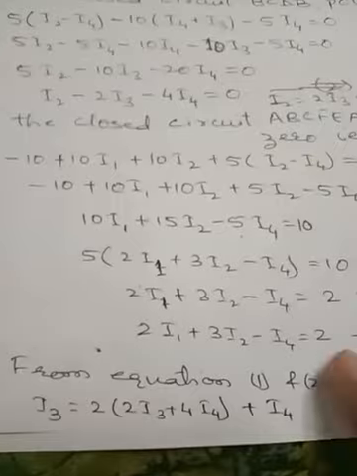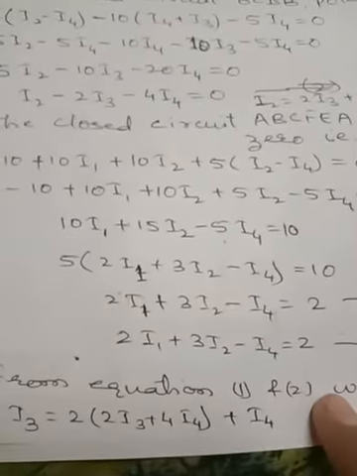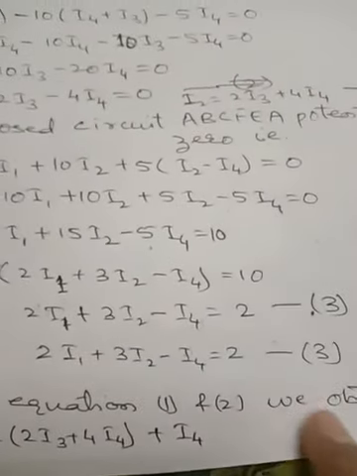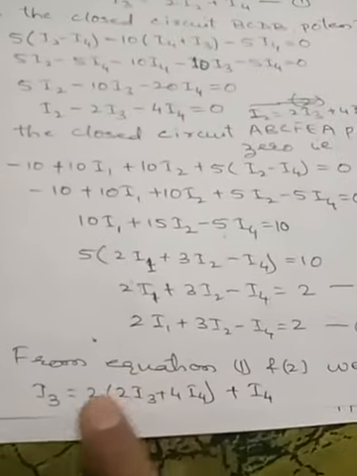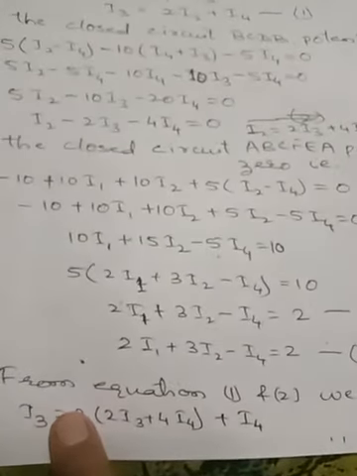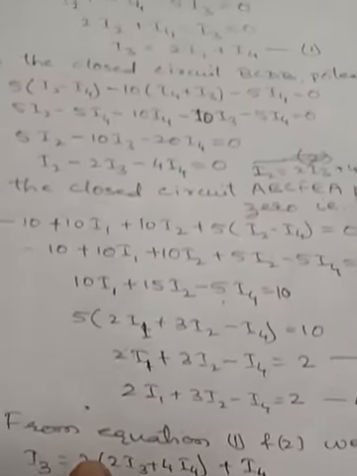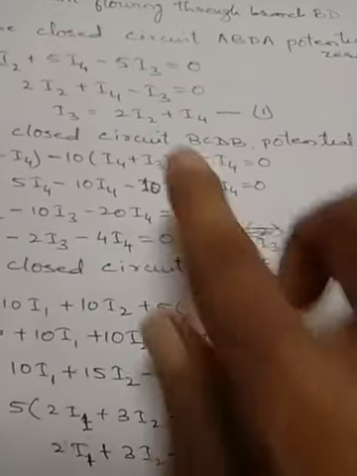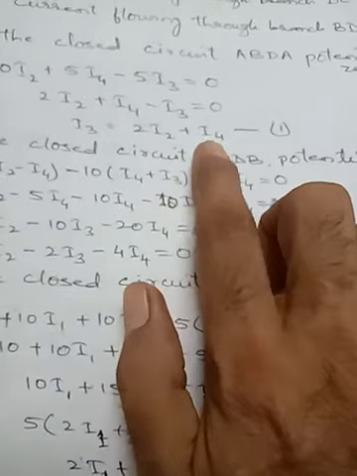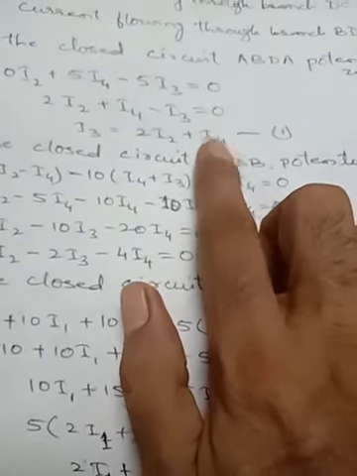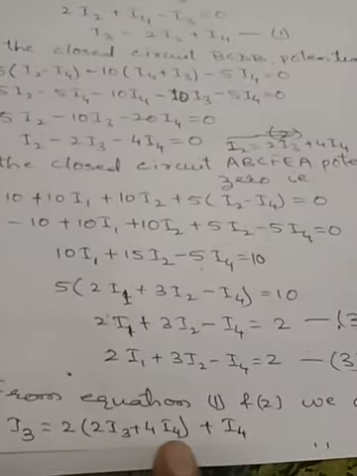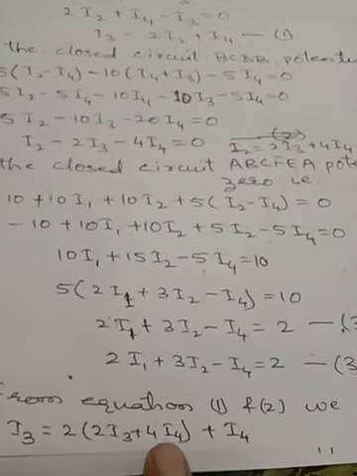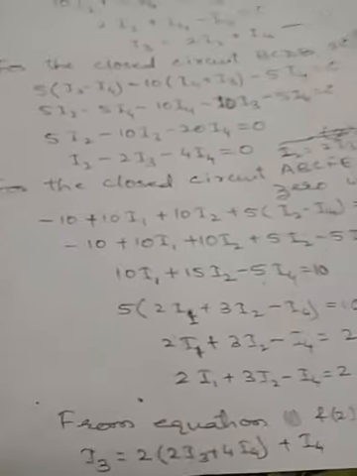Now from equation 1 and 2, what do we get? In equation 1 what is it? I3 is equal to 2I2 plus I4. In equation 1, we'll substitute the value of equation 2. So we have substituted this value, 2I3 plus 4I4 plus of I4.